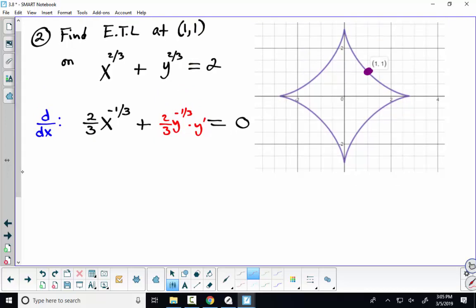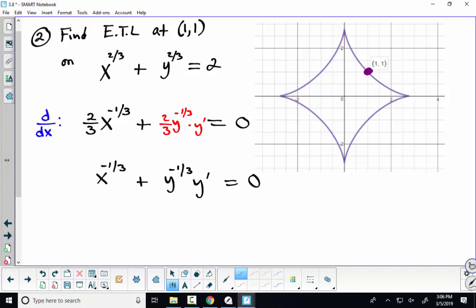Let's just multiply everything by 3/2 so we can get rid of the fraction. So we have x to the negative 1/3 plus y to the negative 1/3 times y prime equals 0.